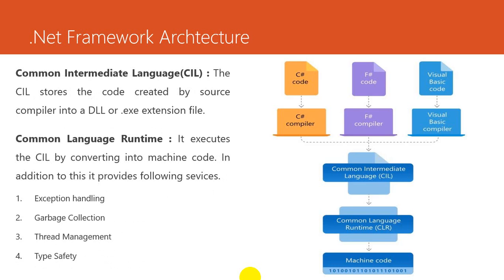Again, we have already discussed Common Intermediate Language. When you compile, it converts your program into an intermediate language, which is basically a DLL or an exe file. Next, the Common Language Runtime executes the CIL by converting it into machine code.